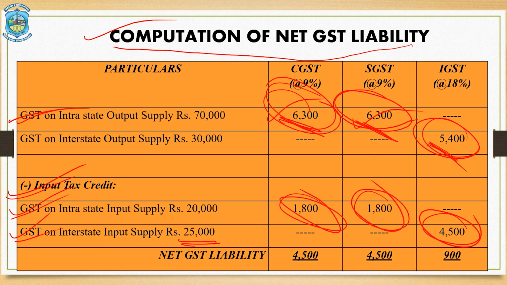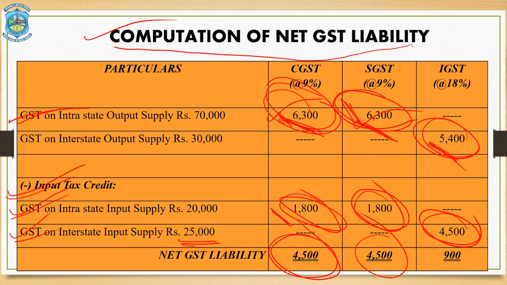Total CGST payable is 6,300 and deductible is 1,800. So my net CGST liability is 4,500. Same figure we have related with SGST. It is also 4,500. Come to the last column, IGST.